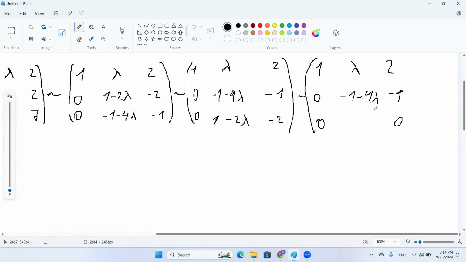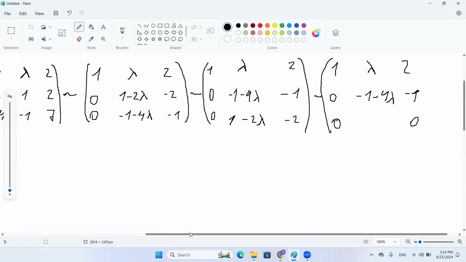I wanted to ask, you forgot about lambda near the 4. You write it. Yeah, already we have it. So now it's correct.